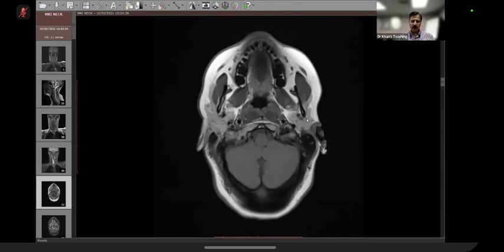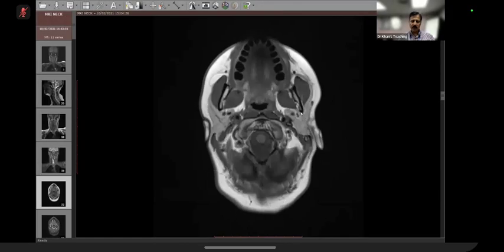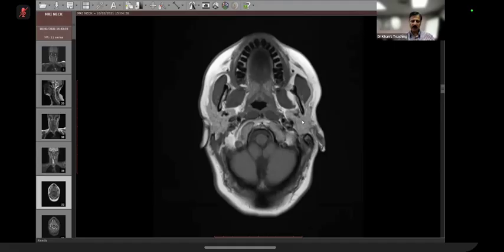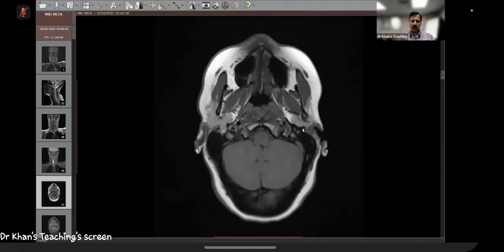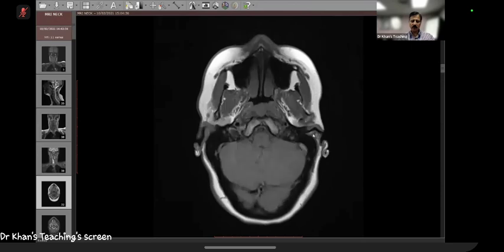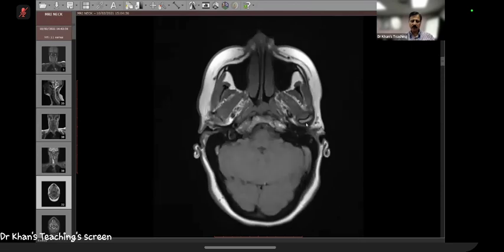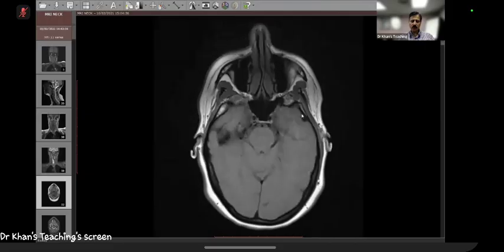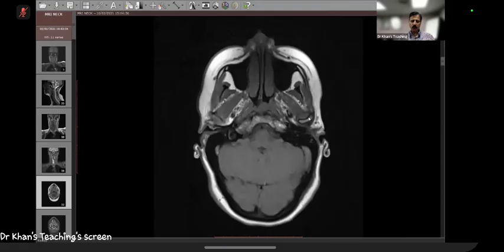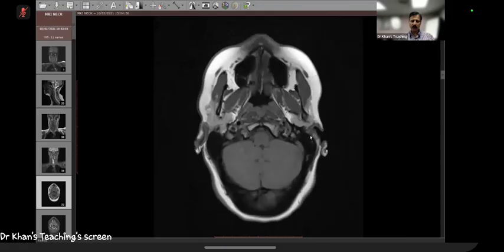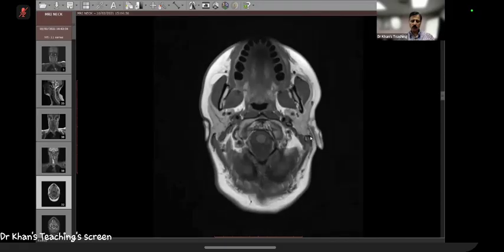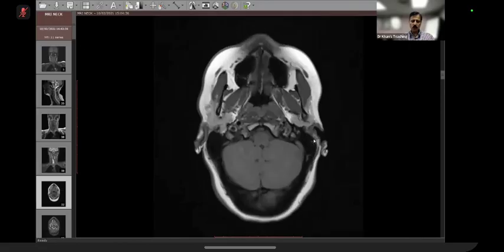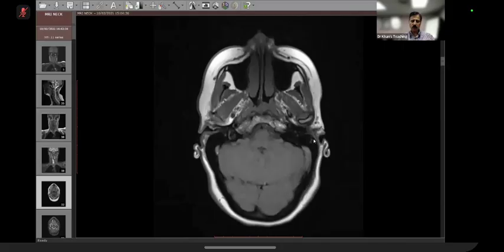Retromandibular vein is there. But as we go superiorly, so this is the parotid gland, and as we go superiorly, now this is the signal void of the mastoid air cells. And then this is the condyle, and then we lose it. We are into the brain. So you can imagine that somewhere here, we lose the facial nerve into the signal void of the mastoid air cells.